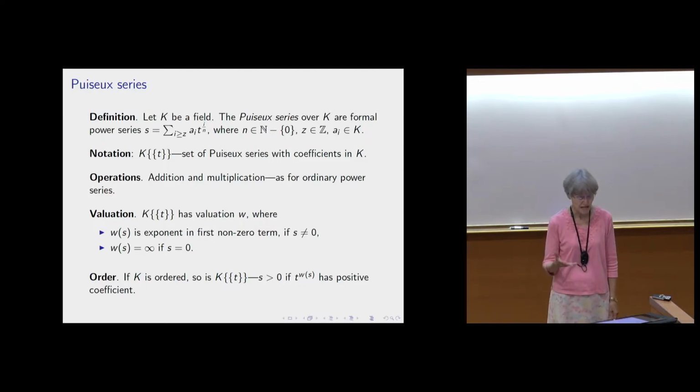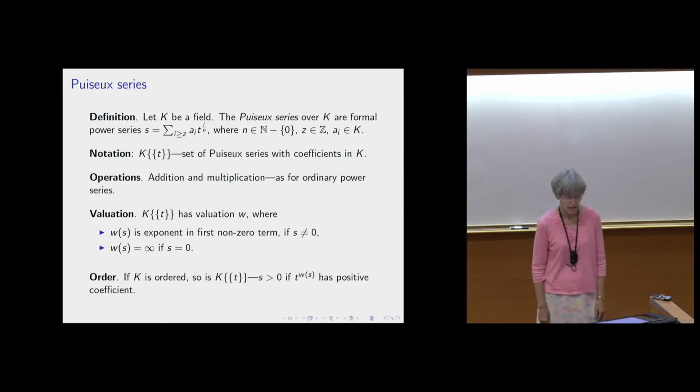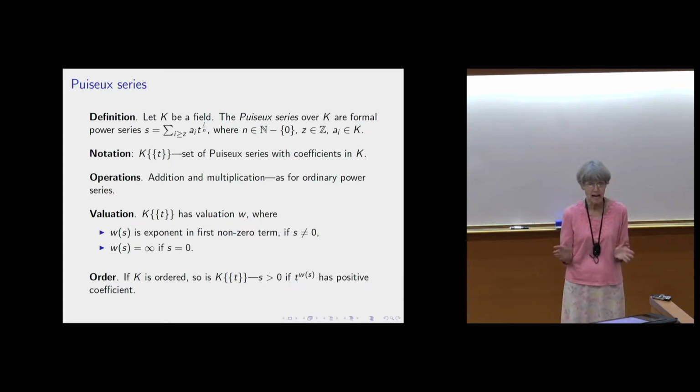Let K be a field. The Puiseux series over K are formal power series that are sums of terms with coefficients in the given field K, and exponents that are elements of the rationals of the form i over n, where n is fixed.